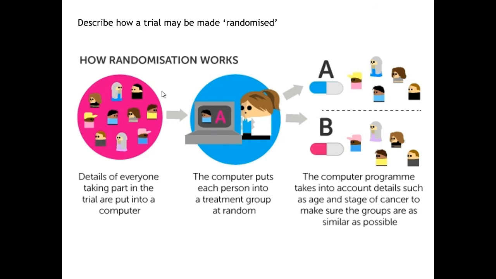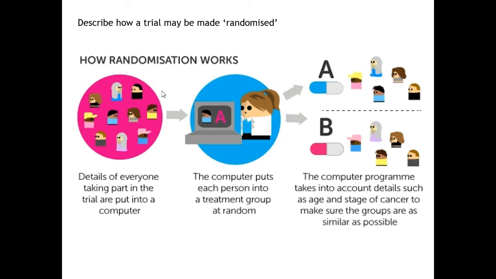The computer will then arbitrarily and randomly assign people to two or more treatment groups. The experimenter themselves will not know which individuals have been put in which groups and why they've been put in that group.